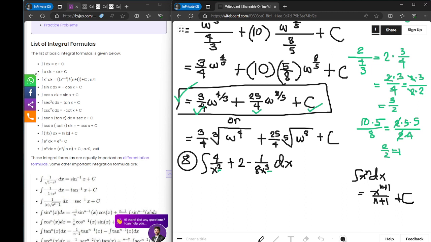Then I can make the exponents of these terms. But anyway, I'll just have to distribute first. Or let's just rewrite this first.